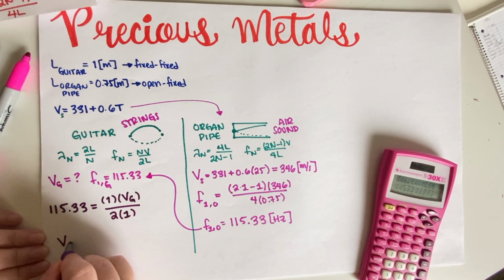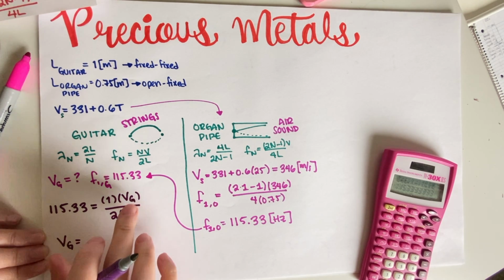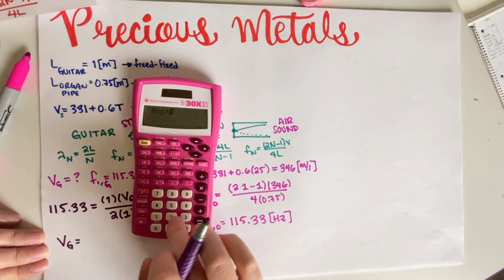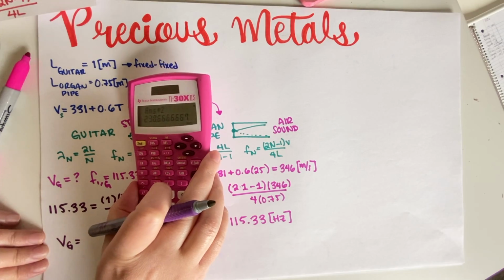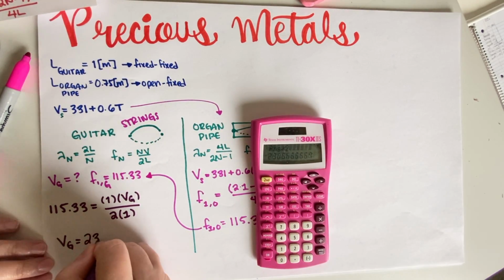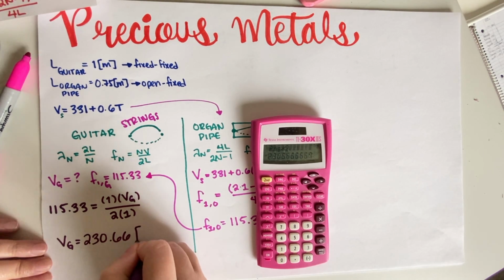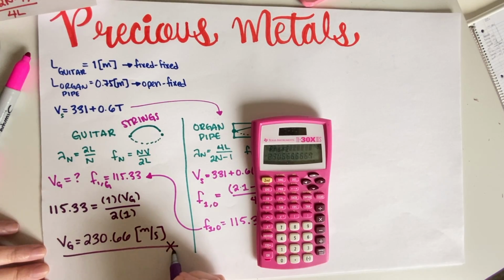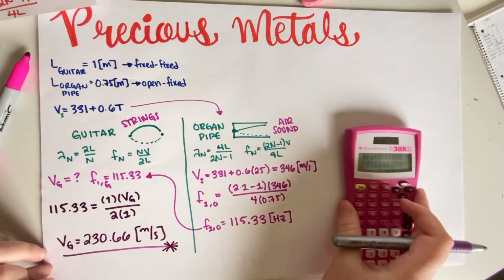So V of the guitar should be this number multiplied by 2: 230.66 meters per second. Final answer to part A.